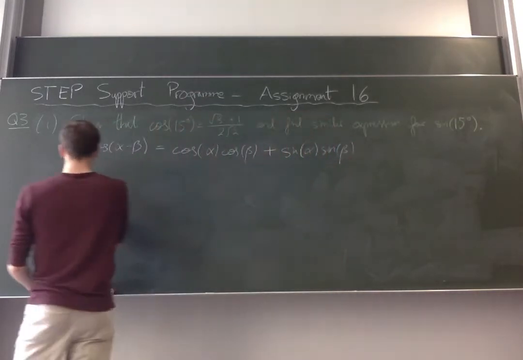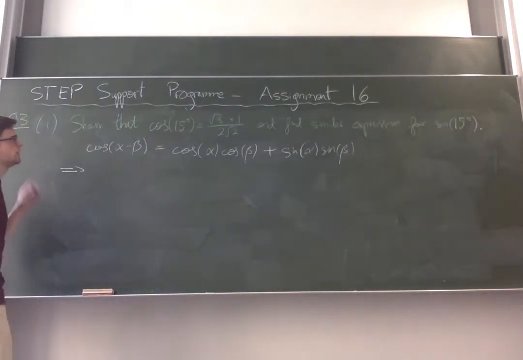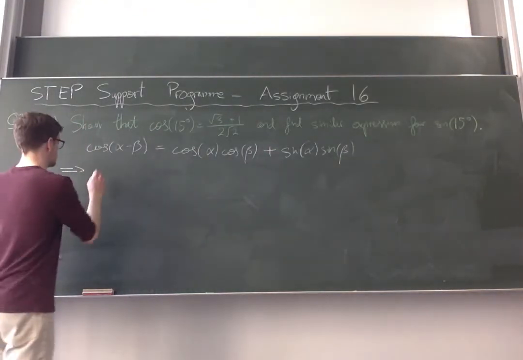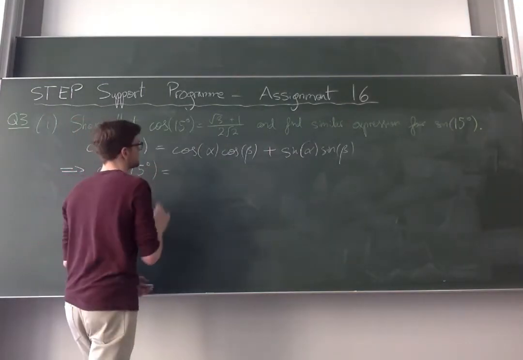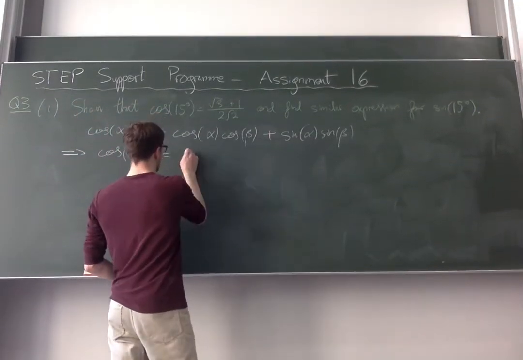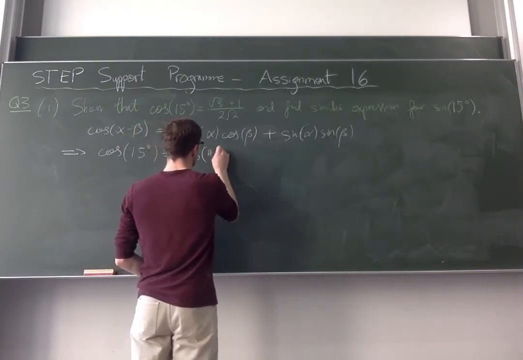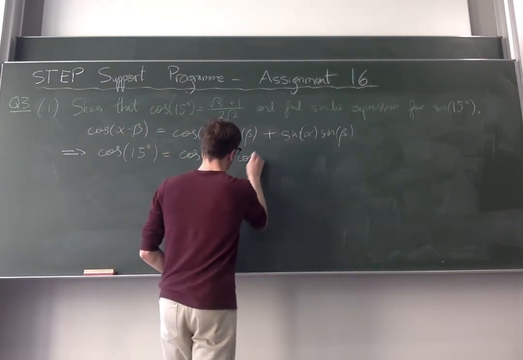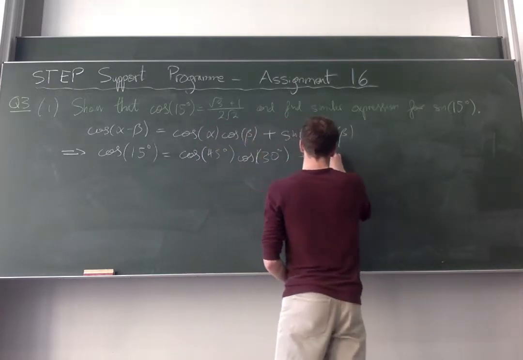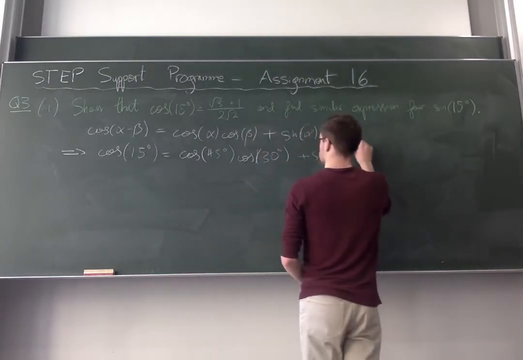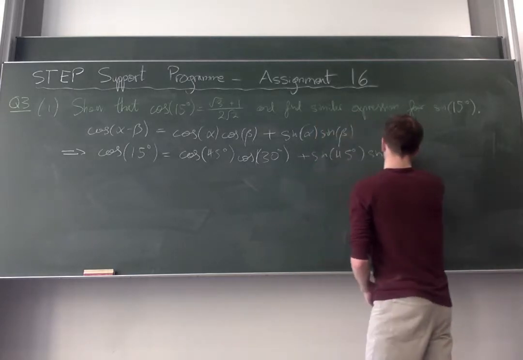Okay, so setting alpha to be 45 and beta to be 30, because I want to get 15, I get that cos of 15 degrees is the same thing as cos of 45 degrees times cos of 30 degrees plus sine of 45 degrees times sine of 30 degrees.